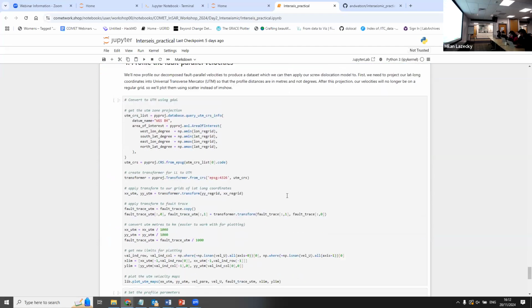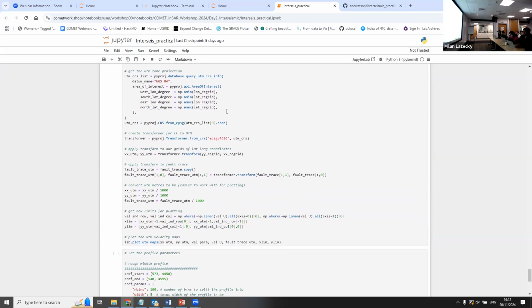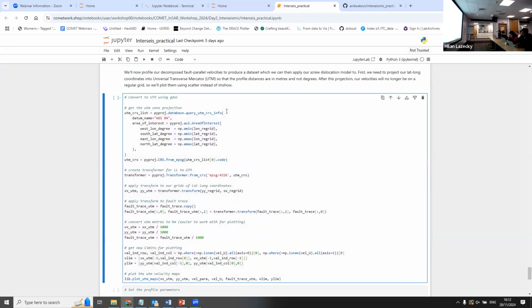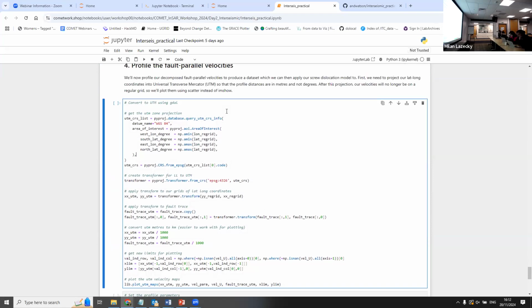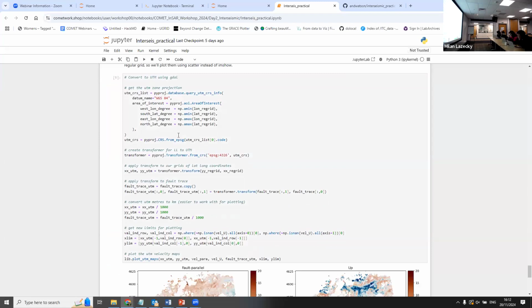Now we can profile the fault-parallel velocities. Before that, we should transform the longitude, latitude coordinates into UTM coordinates to help us better calculate the distance, because finally the model we use should have the distance in kilometers.